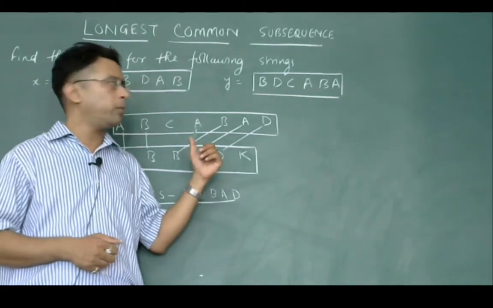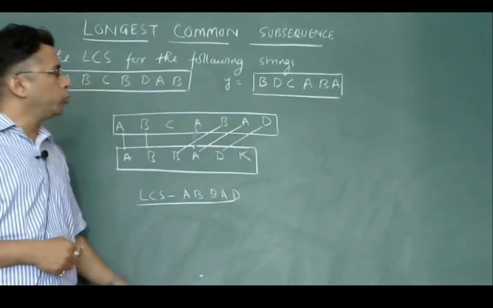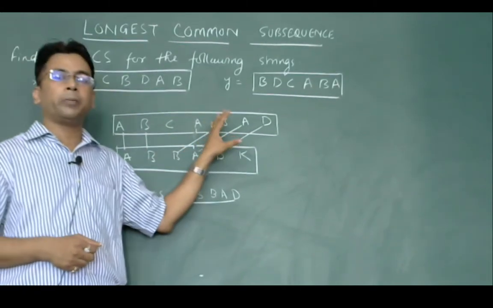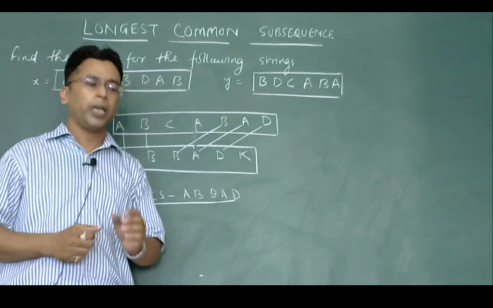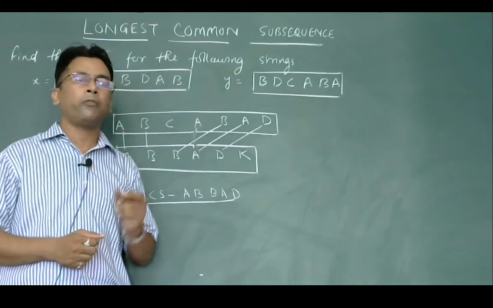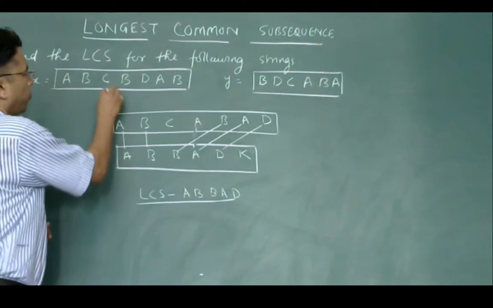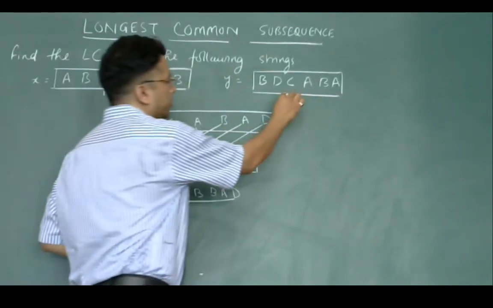I have already told you about the algorithm. To find the longest common sequence, even if there are multiple, we use a technique in which we draw a matrix of size m cross n, where m is the length of string 1 and n is the length of string 2.